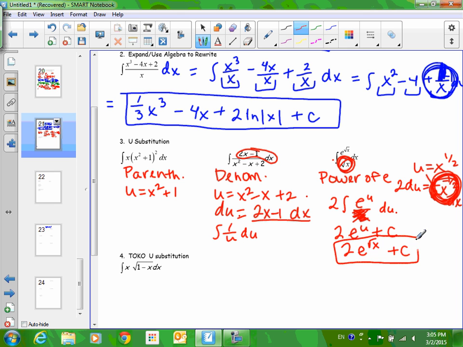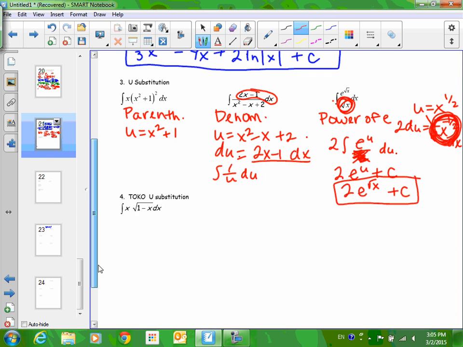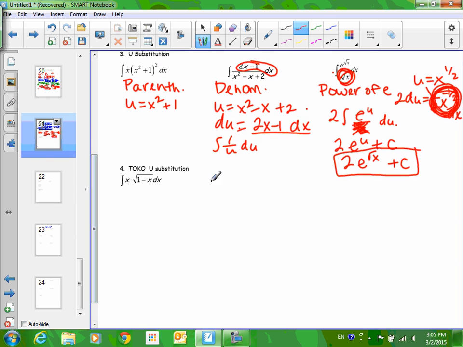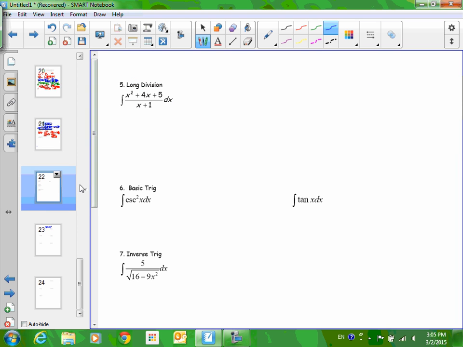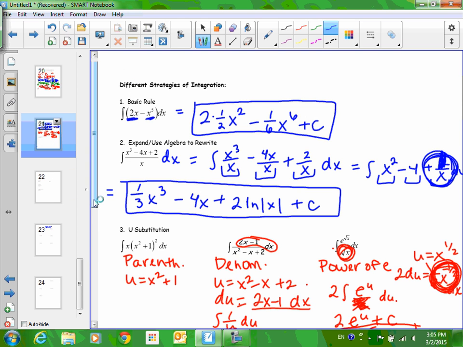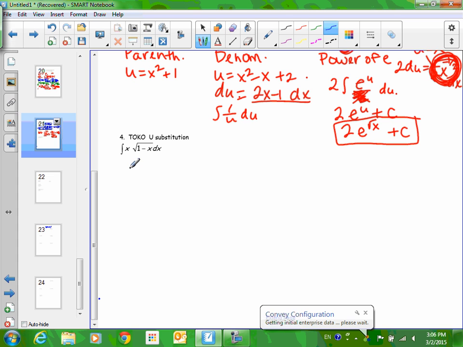Okay, so now we get to the fourth one. We've already talked about this a little bit, but we haven't actually solved any of these problems. So I am going to solve this one completely out. All right, so first off, how do we know it's a substitution problem? We're going to let u be the thing inside the radical.